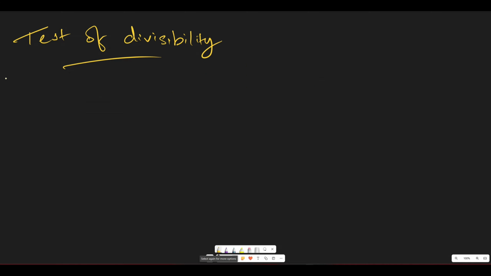Okay, then divisibility by 11. So here we have to take the odd places and even places, and the sum of odd places and the sum of even places should be equal, or should differ by a number which is divisible by 11. For example, 348326 is a number.